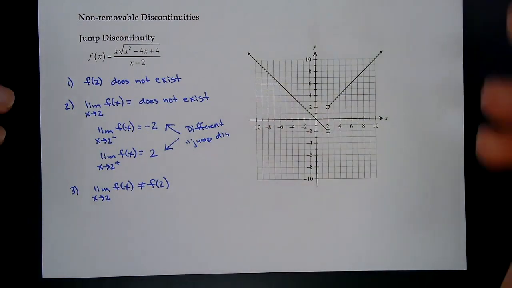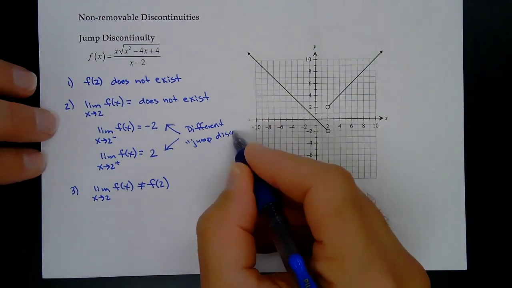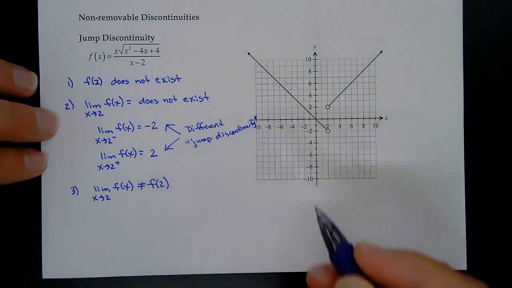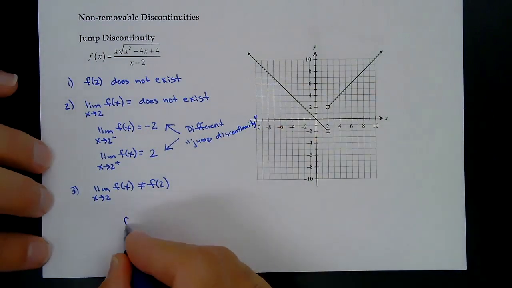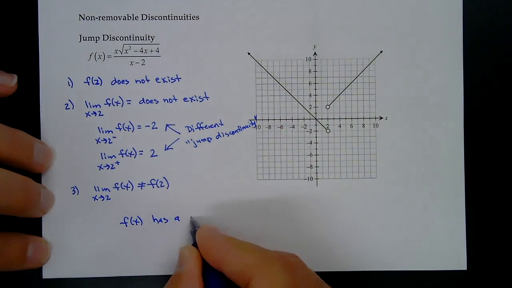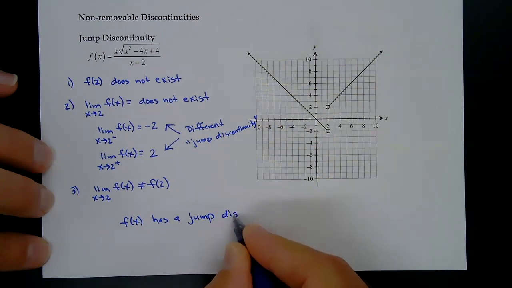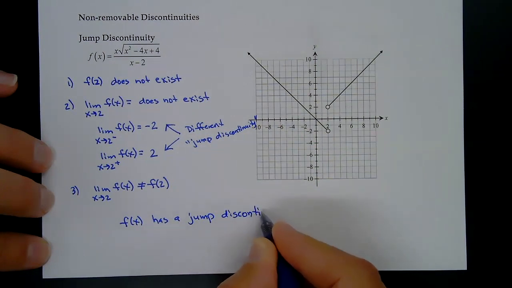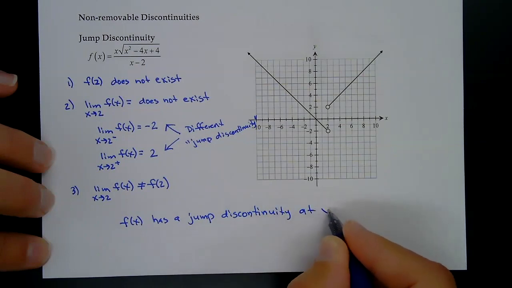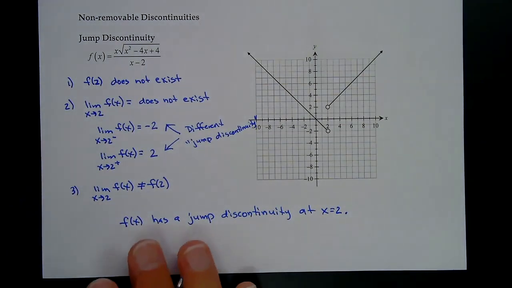So up here, this one previously is not a jump discontinuity. I'll slide it back up in just a second. So what we would say is f of x has a jump discontinuity at x equals 2. Okay, so I'm going to slide it up.